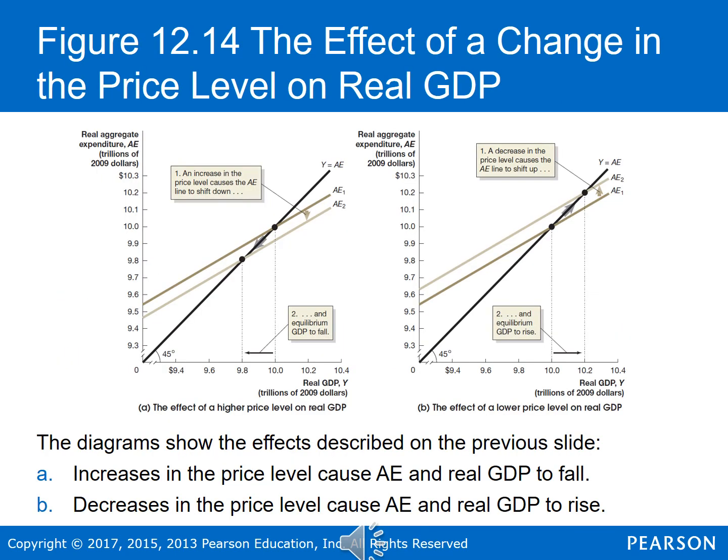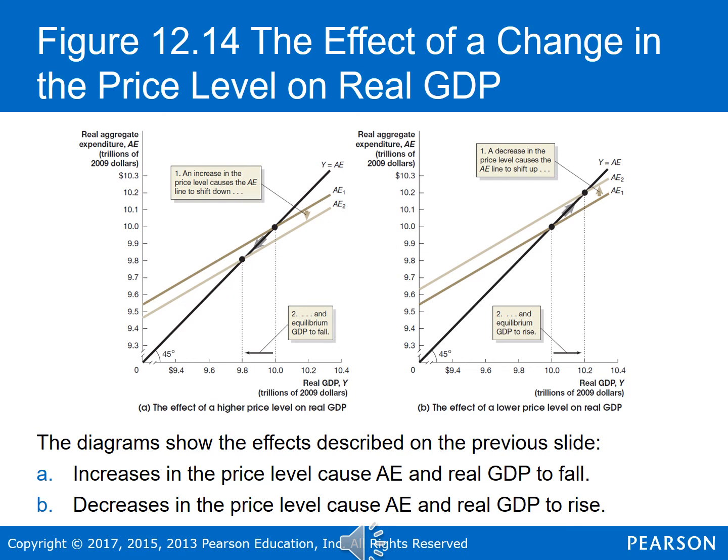Now the two figures on this slide highlight what I just mentioned on the previous slide. So the first figure on the left, an increase in the price level, is going to cause aggregate expenditure and real GDP to fall. Aggregate expenditure is going to fall because as the price level increases, the amount of goods and services households can consume is going to decrease.